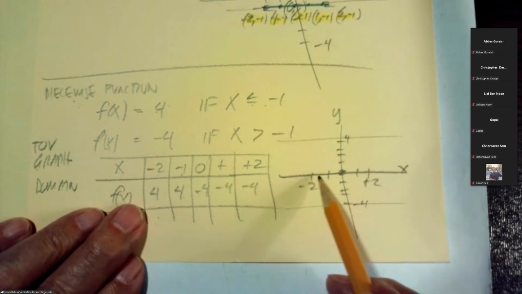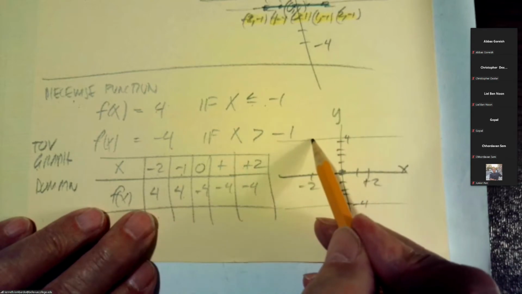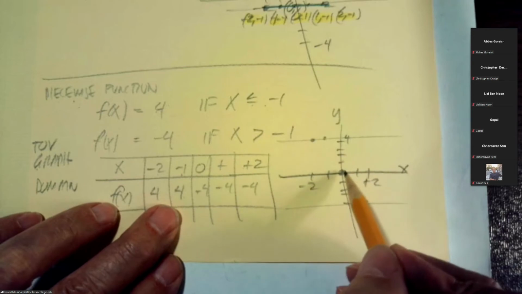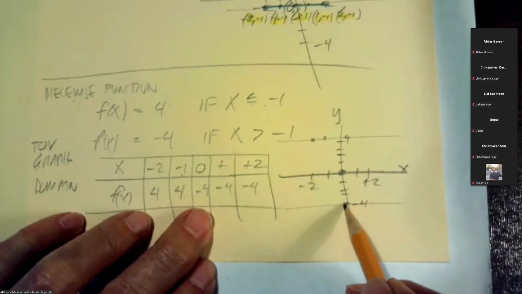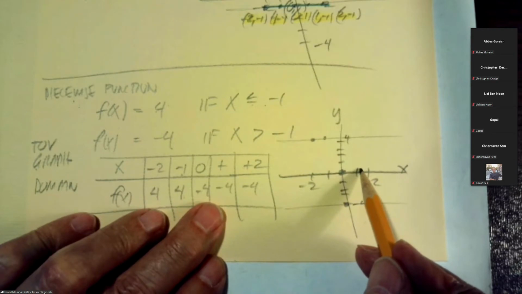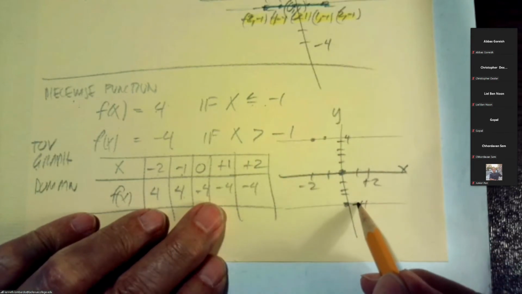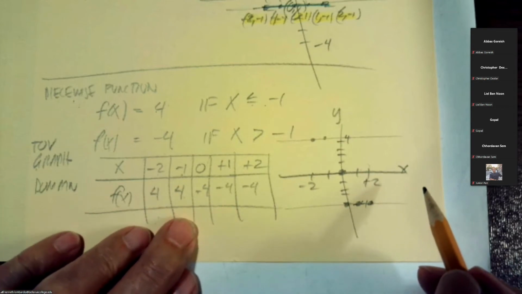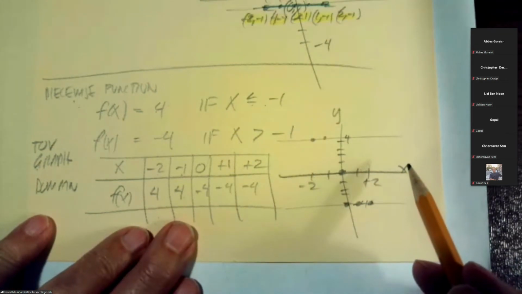And at -2, I'm at 4. -1, I'm at 4. 0, I'm at -4. 1, I'm at -4. And 2, I'm at -4. And we're asked to graph that.